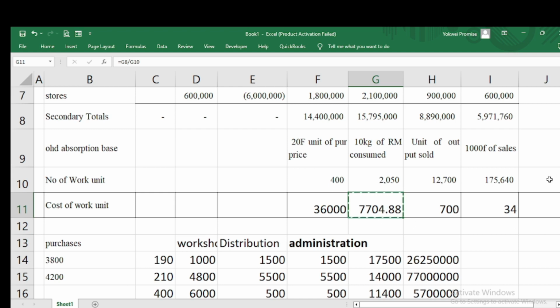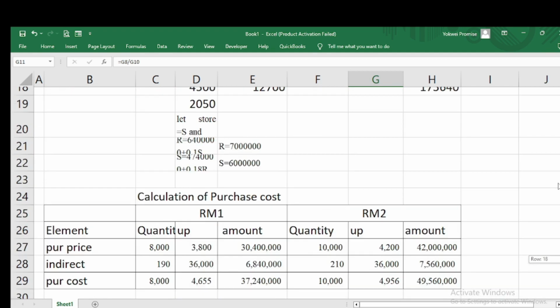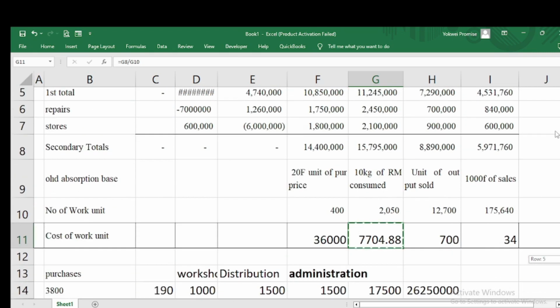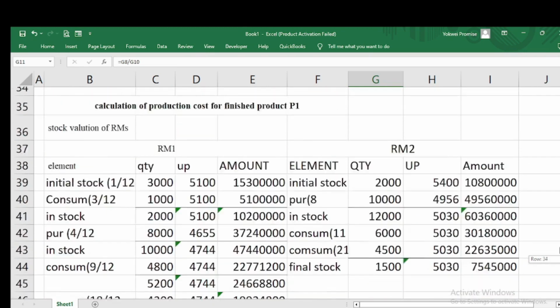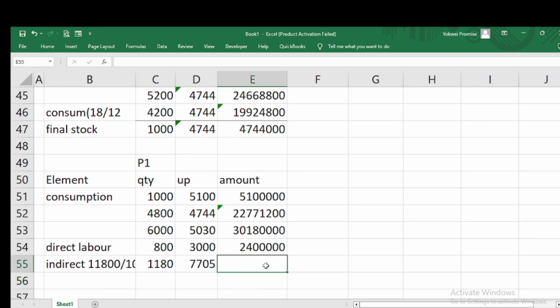Just copy and use it down here: 7,704.88. So we have this times this, and I have this other value.